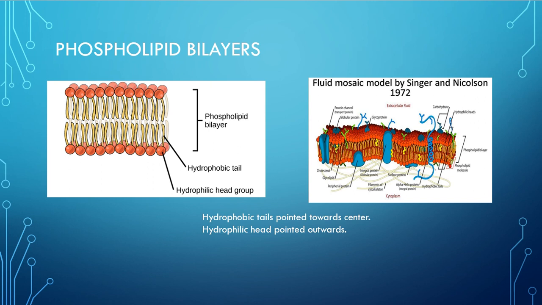Our phospholipid bilayer is described in our fluid mosaic model, which describes the structure of all cell plasma membranes. So hydrocarbons play a really large role in our cellular makeup, and if we did not have unsaturated and saturated hydrocarbons, we would not have this fluid mosaic model.